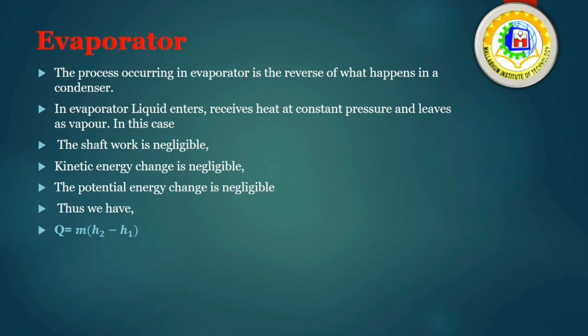Kinetic energy change is negligible, so that part is also 0. The potential energy change is negligible, so that is also neglected. Reducing all those things, we have Q equals m(h2 minus h1), which is just the opposite of the condenser, and it is the equation of the evaporator by steady flow energy.